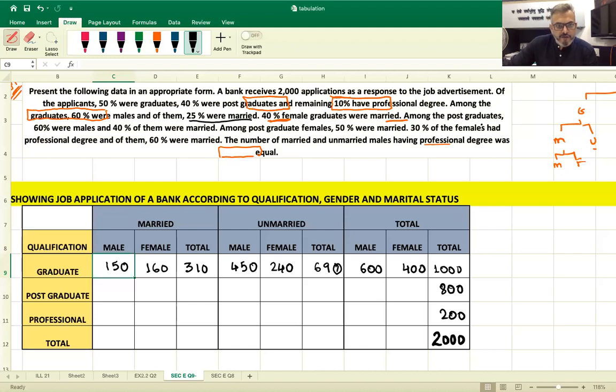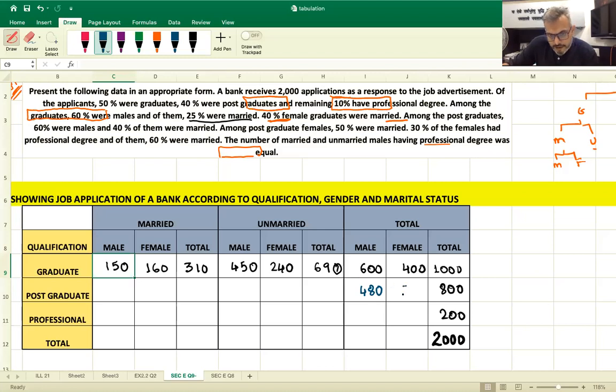Among the postgraduates, 60% were male. So in postgraduates, 60% were male. So 60% of 800 is 480. Then 60% were male, so 40% were female.